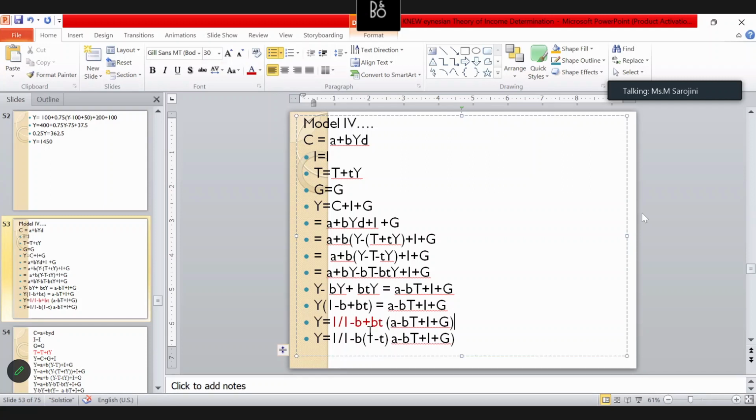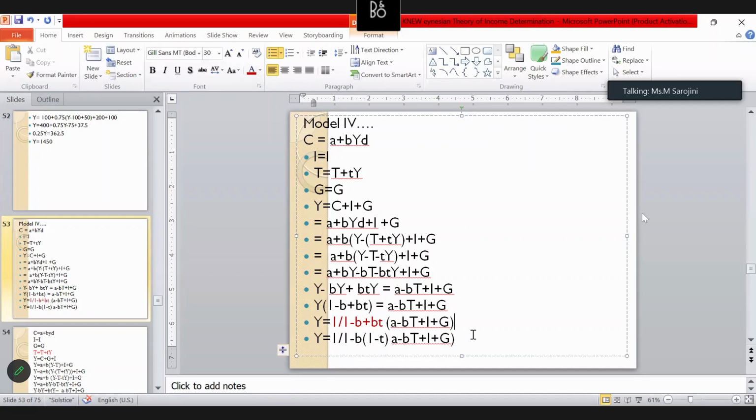Here the minus B we can take as common. Once we take the minus B as common, the balance is 1 minus T. Therefore, the tax as a function multiplier indicates 1 divided by 1 minus B into 1 minus T, with A minus BT plus I plus G.